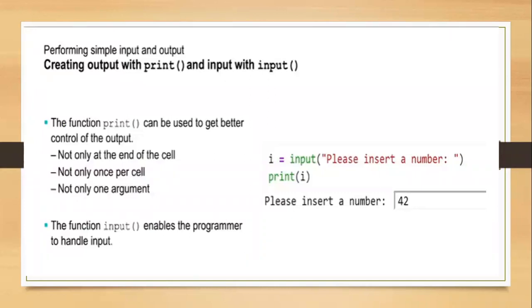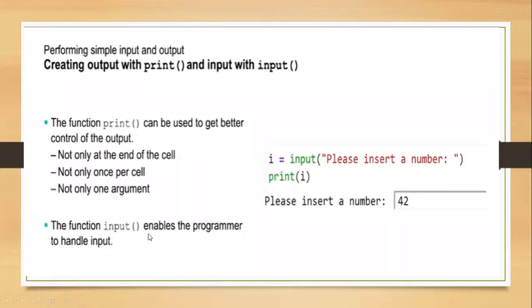Performing simple input and output: creating output with print and input with input. The function print can be used to get better control of the output, so not only once per cell, not only one argument, but different and several, as we are going to see.